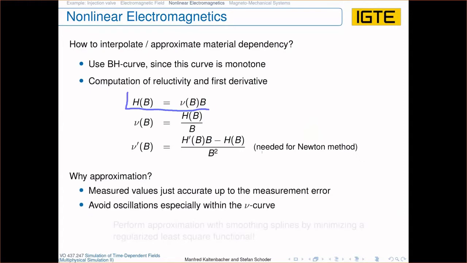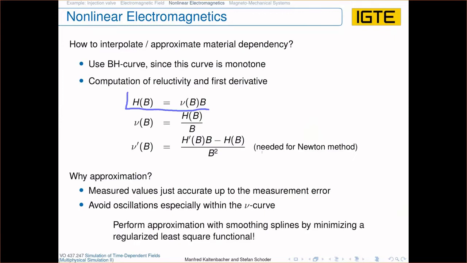On the other hand, we should find somehow a smooth approximation without too large slopes in order to get better properties concerning the convergence when we solve the nonlinear problem. That is why we use smoothing splines by minimizing a special regularized least squares function.